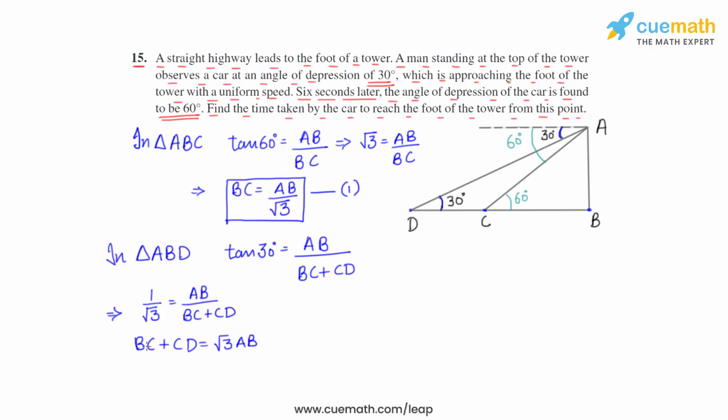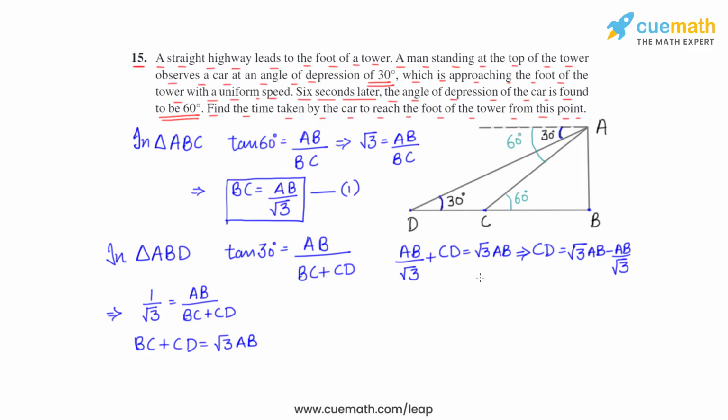Now put the value of BC from equation 1. So when we put it, we get AB by square root 3 plus CD is equal to square root 3 into AB. If we find CD from here, then CD is equal to square root 3 into AB minus AB by square root 3.